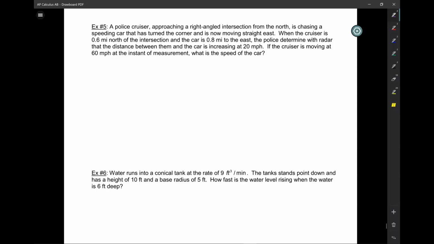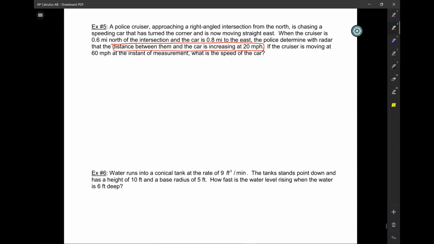When the cruiser is 0.6 miles north of the intersection and the car is 0.8 miles to the east, the police determine with radar that the distance between them and the car is increasing at a rate of 20 miles an hour. That's a rate. The cruiser is moving at 60 miles an hour at the instant of measurement. What is the speed of the car?